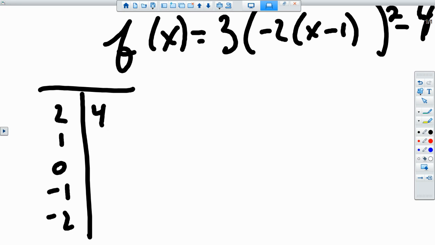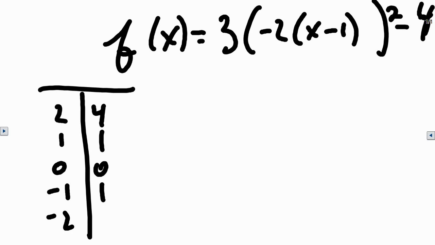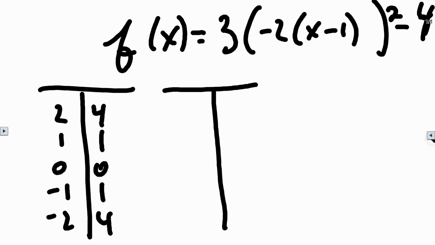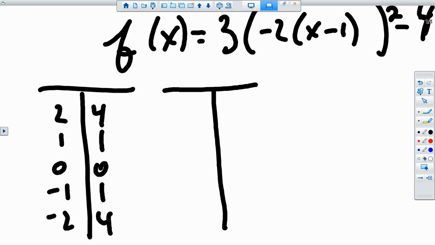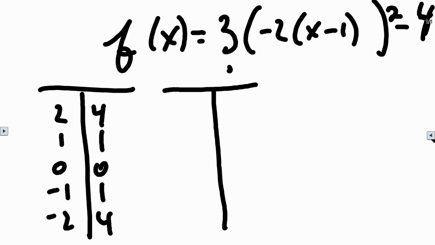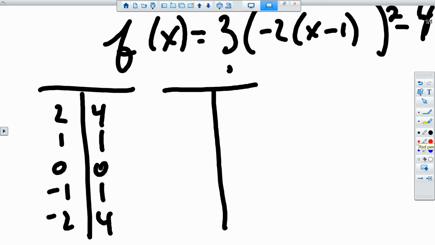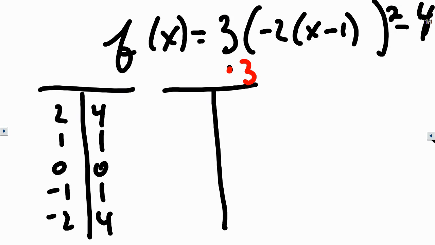It's late at night. So (2, 4), 2 squared is 4, and so forth. We know that this is the parent graph for quadratics. And with this thing, we're multiplying the y values by 3 because it's a vertical dilation by 3. So 12, 3, 0, 3, 12.